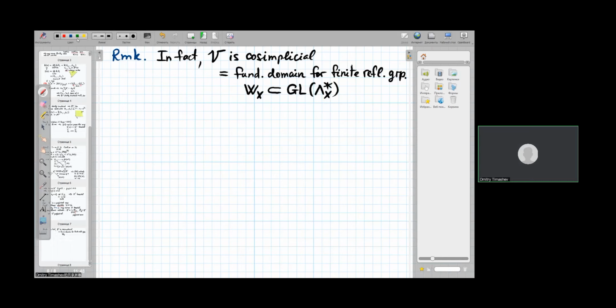This group is called the little Weyl group of a spherical variety X. This is a deep result due to Brion and Knop, and the proof is complicated, so I won't discuss it in this lecture course. But this is also true. Just to let you know that the structure of the valuation cone can be made more precise.